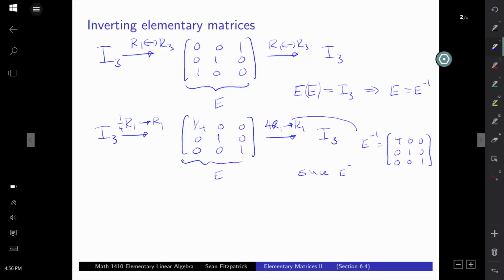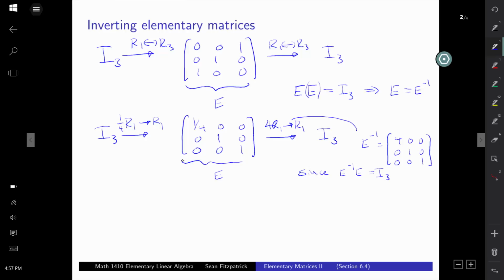That's got to work, because if I take E inverse times E, multiplying E on the left by E inverse performs this row operation, which takes me to the identity. So I get back to the identity.